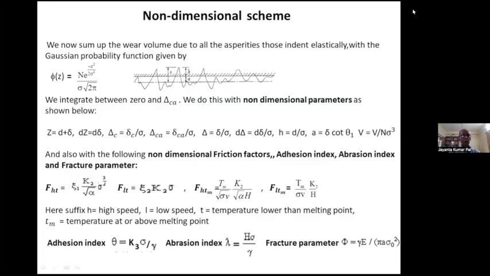We also use 3 more non-dimensional factors, or indices rather.